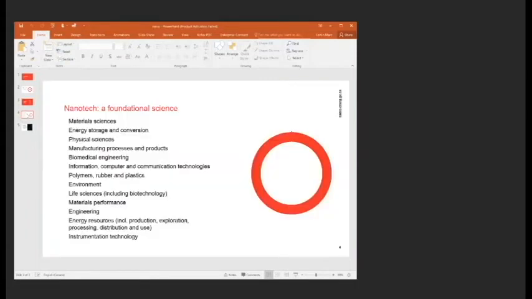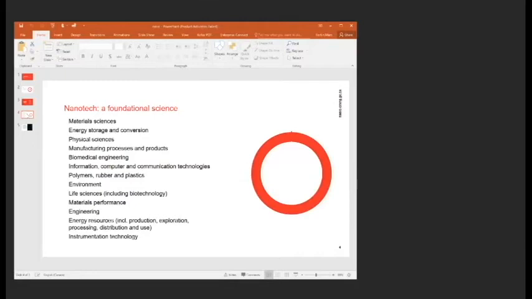For us, we're looking at nanotechnology as a foundational science. The reason we're saying this is that nanotechnology will find applications in so many different sectors of society or of the economy. Material science, energy storage, and Dr. Sone earlier has made a good case for how many different applications there are for nanotechnology.